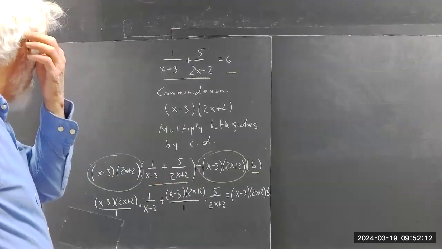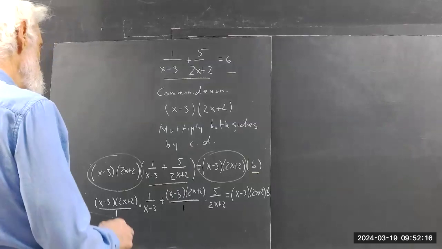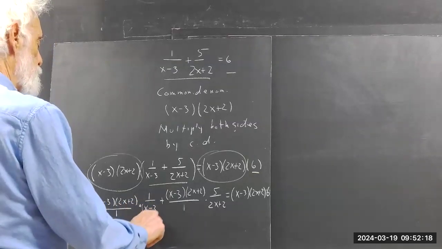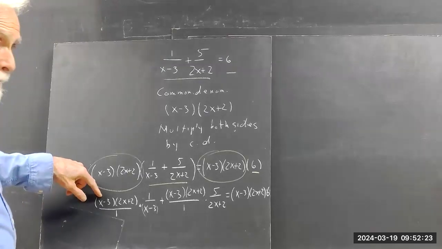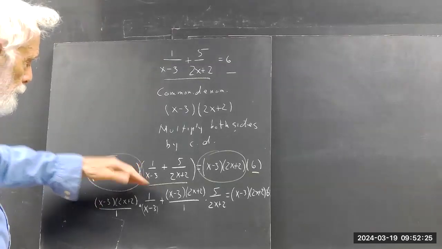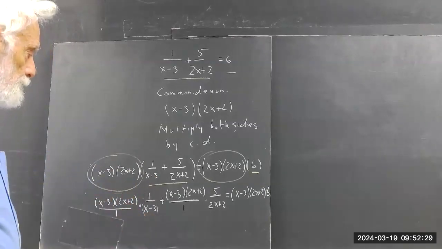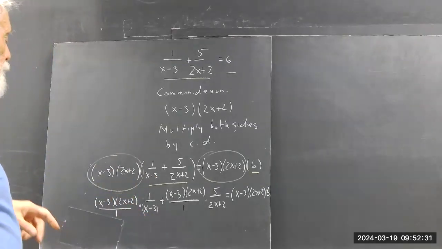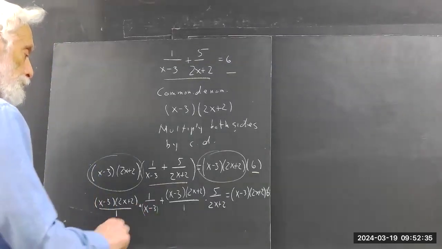Things are going to simplify very considerably. Okay, we have an x minus 3 in the denominator here and an x minus 3 in the numerator. Now, when we multiply these, all this is going to be combined into the numerator, and the denominator is just going to be x minus 3. So x minus 3 is the denominator, and it's a factor of the numerator.